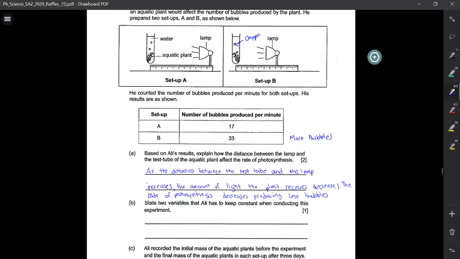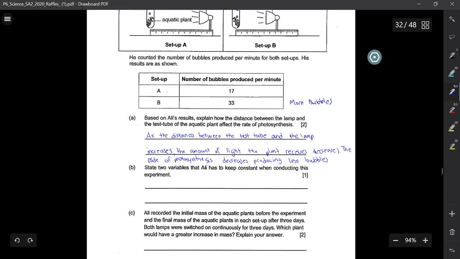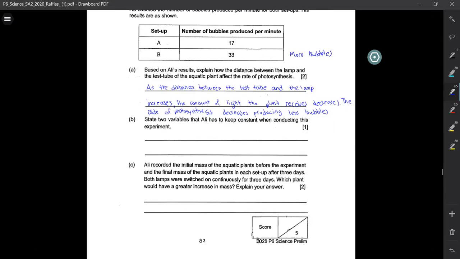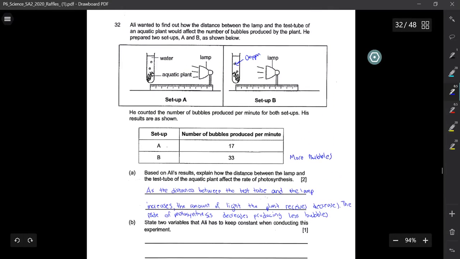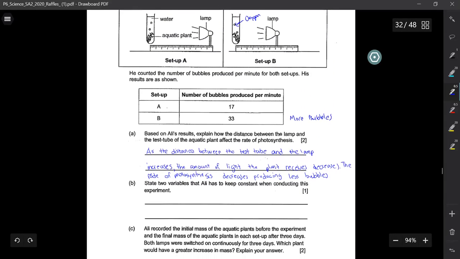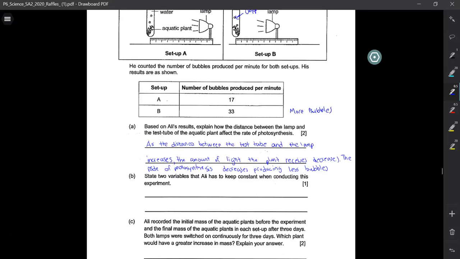And when rate of photosynthesis decreases, less bubbles are produced because less oxygen is produced. That's quite simple. And then B, state two variables that Ali has to keep constant when conducting this experiment. So just thinking about it, one very important thing is the number of plants.